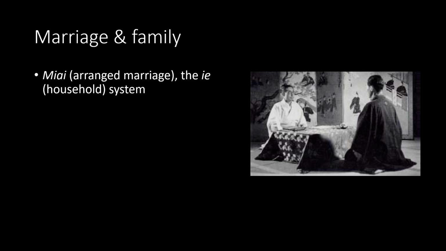And this is interesting because by the 1990s or so, when this photo was used in an American anthropology textbook, arranged marriage was no longer a norm. And Western ideals of romantic marriage had already come into Japan decades ago.